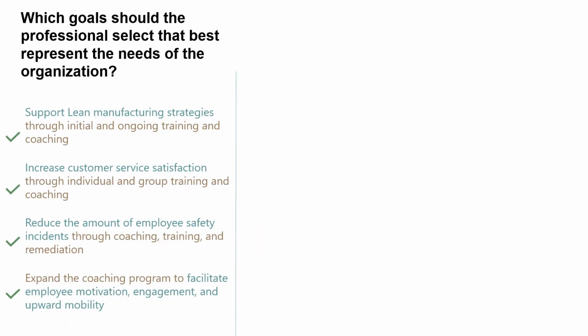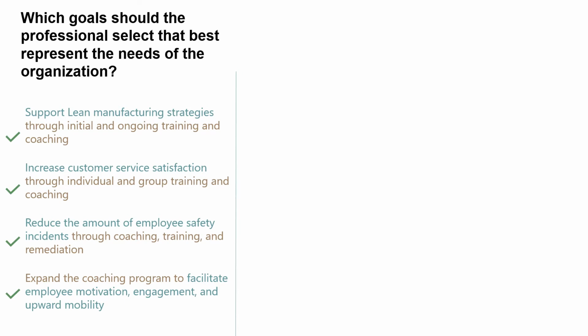Looking at the 4 that were correct, they all have very similar constructions. So the question is, which goals should the professional select that best represent the needs of the organization? And all 4 that were correct had some part that related to the organization, and then some part that was the TD action or activity.